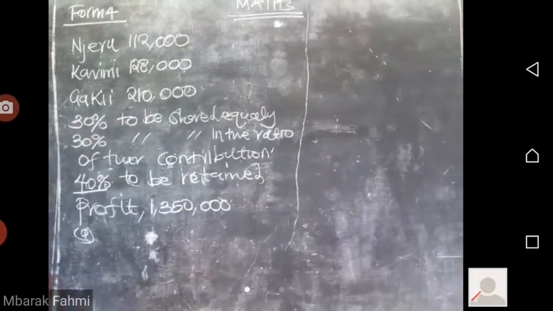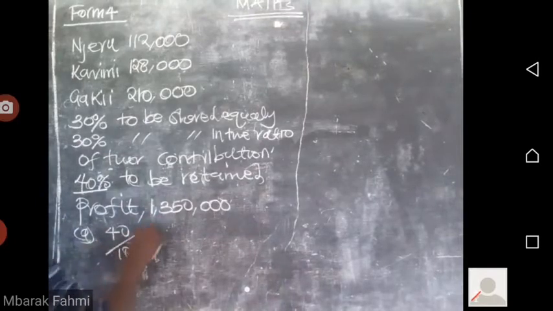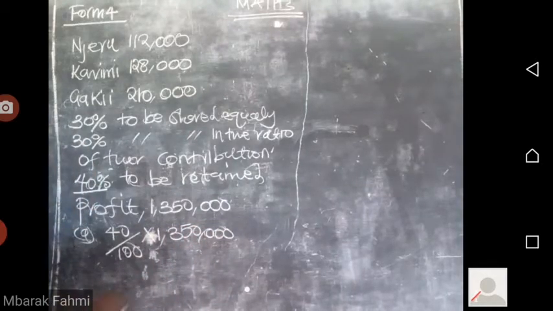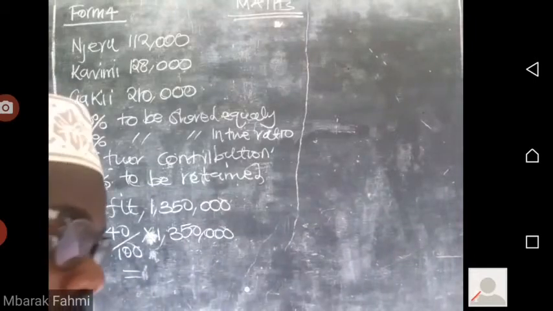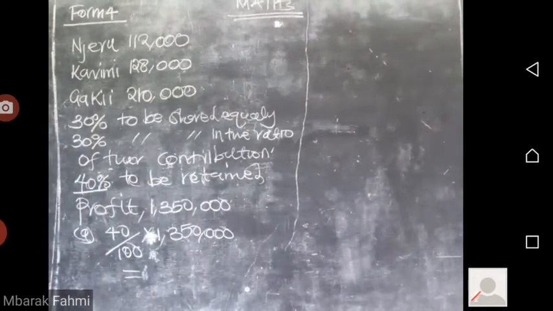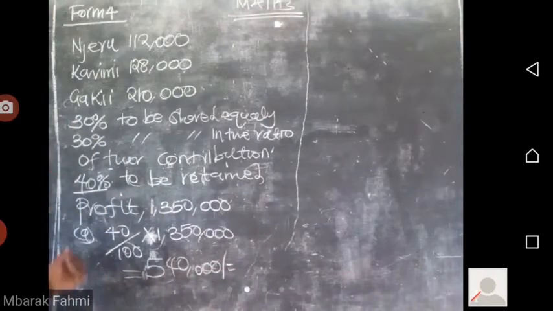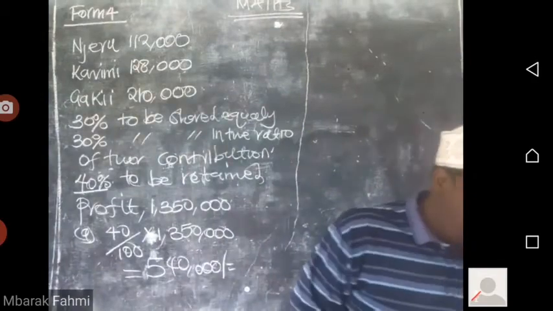So that is 40% of 1,350,000. Okay, that is going to give us 540,000. So that was part A, 1 month.